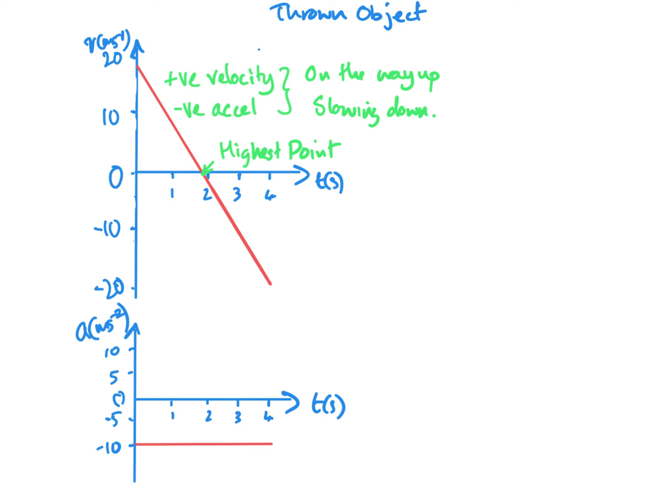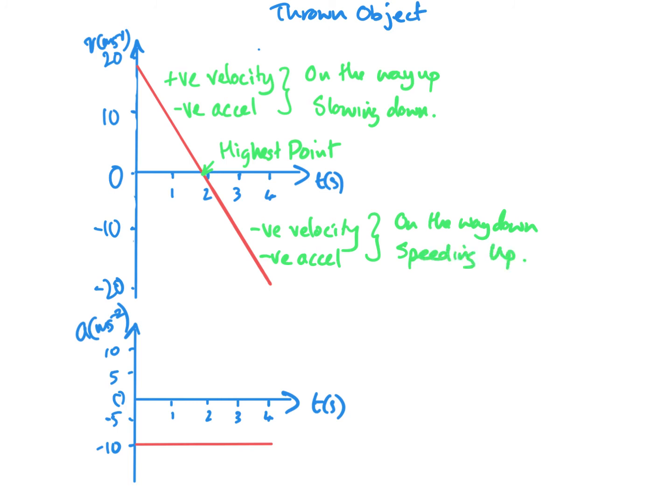Then on the way down, we've now got negative values of velocity. We've got negative velocities, but we've also got negative acceleration because this line is still sloping down. So negative velocities tell us it's on the way down, but because the negative acceleration and the negative velocity are in the same direction, it's speeding up.